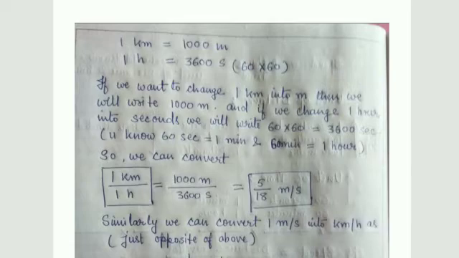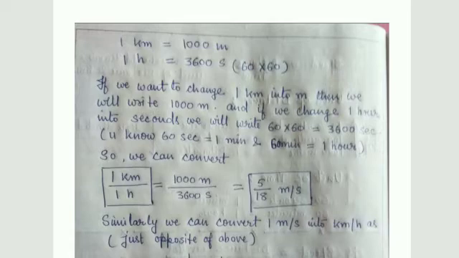How? 60 second into 60 minute is equal to 1 hour. If we want to change 1 kilometer into meter, then we will write 1000 meter. And if we change 1 hour into seconds, we will write 60 into 60 is equal to 3600 seconds.